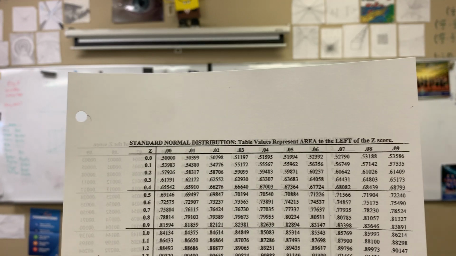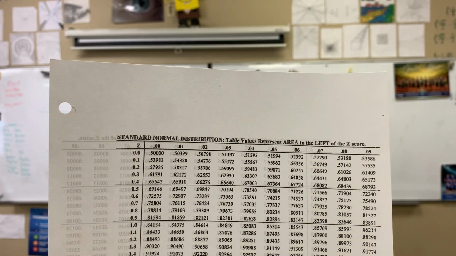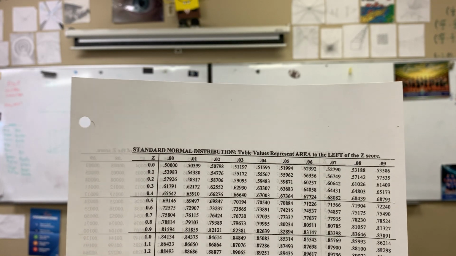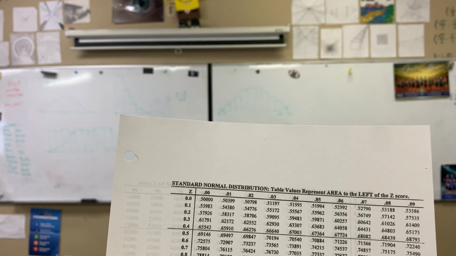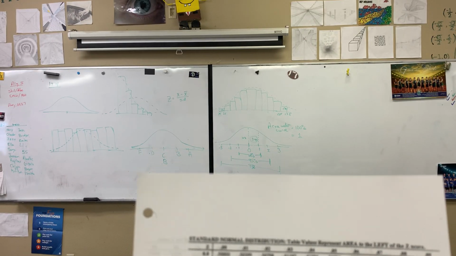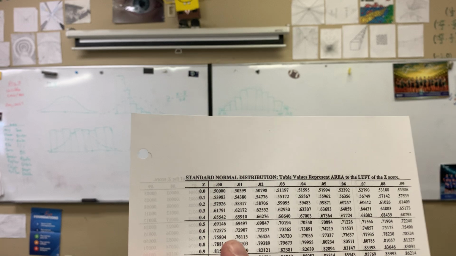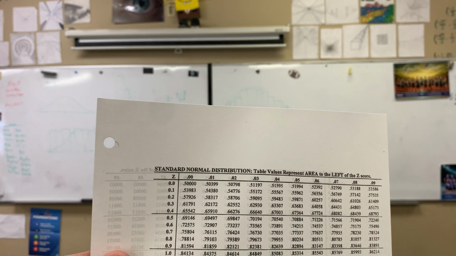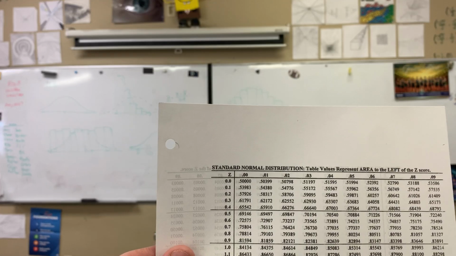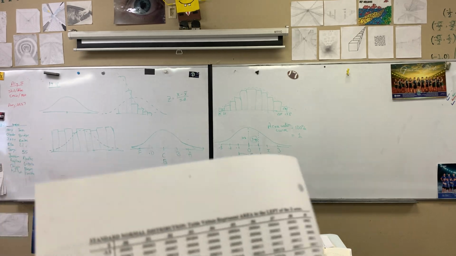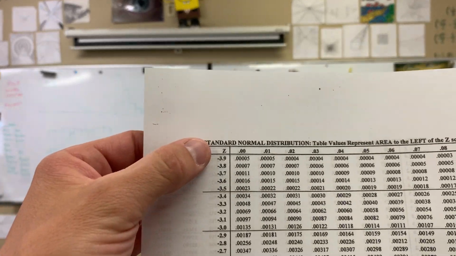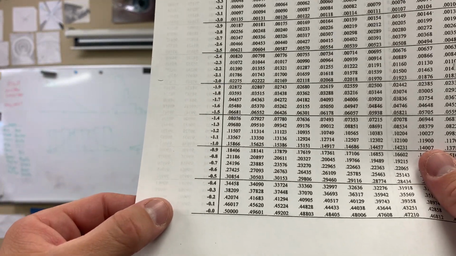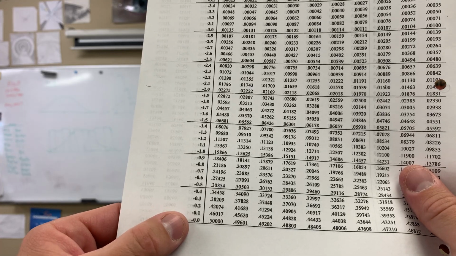I'll hold it up here. Everybody will get a copy of this. So it's just a more detailed chart. Now, if you look at 0.0 on the page with all the positive z-scores, or the page with the negative z-scores, you can look at either one.